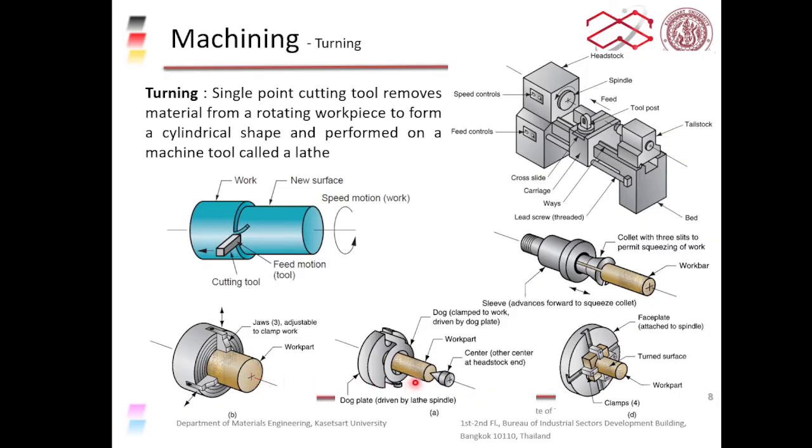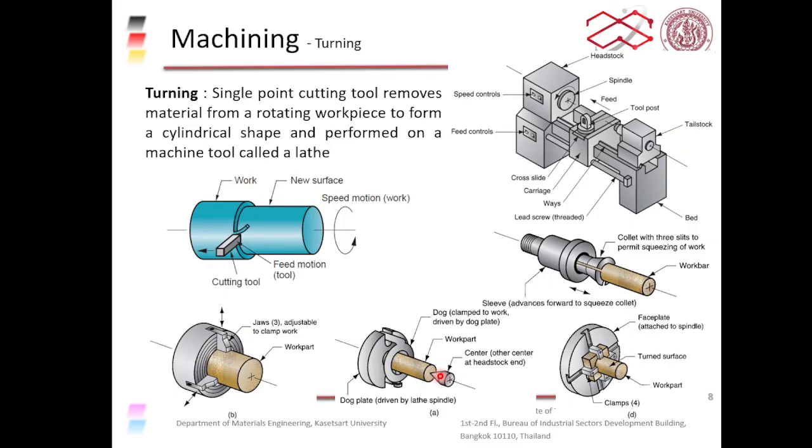For a longer workpiece, you might need a centering piece to hold the workpiece in place, because when you have a longer workpiece and you're turning it, it will not just turn in place.